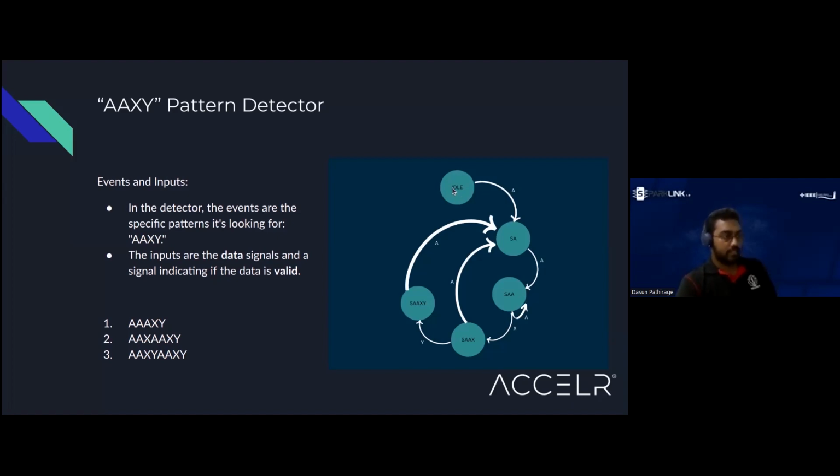So here just focusing on the characters we are receiving. If we receive A, it goes here. If we receive A again, it goes to state AA. Then if we receive X, it goes to state AAX. And if we receive Y, state AAXY.